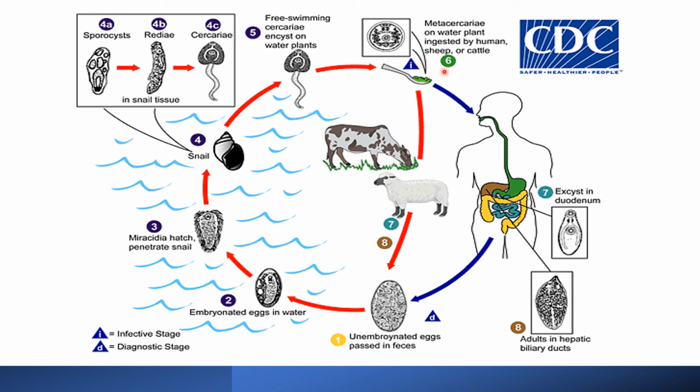Okay, then the metacercariae excyst in the duodenum and migrate through the intestinal wall into the peritoneal cavity. The larvae will enter the liver by penetrating the capsule, or Glisson's capsule, and there they wander through the liver parenchyma for up to 9 weeks. The larvae finally enter the bile duct where they mature and produce eggs which are passed out in the feces. Okay?